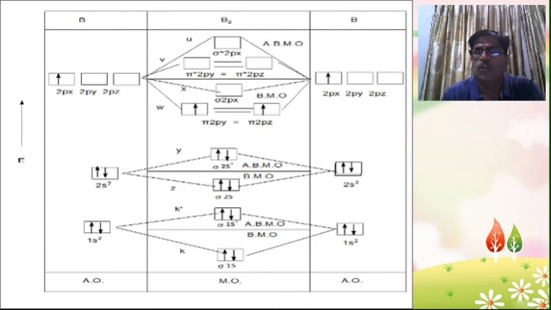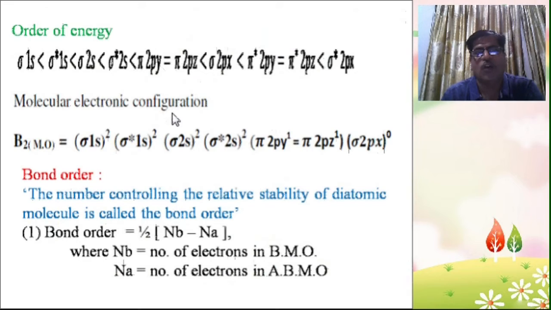So what is the order of energy? Sigma 1s is less than sigma star 1s, is less than sigma 2s, is less than sigma star 2s, is less than pi 2py, is equal to pi 2pz. Here the pi 2py and pi 2pz energies are equal.